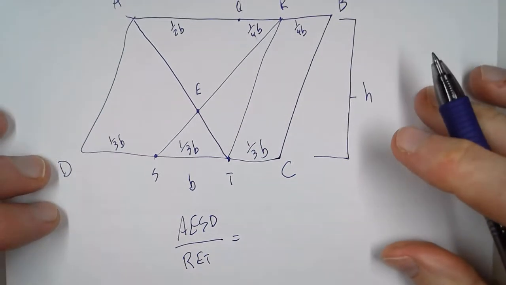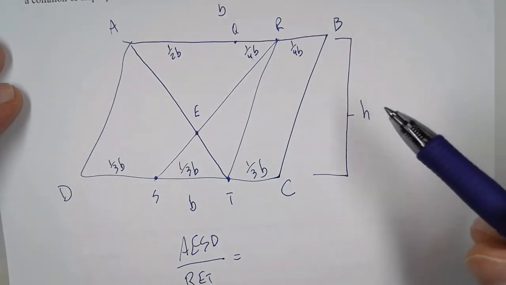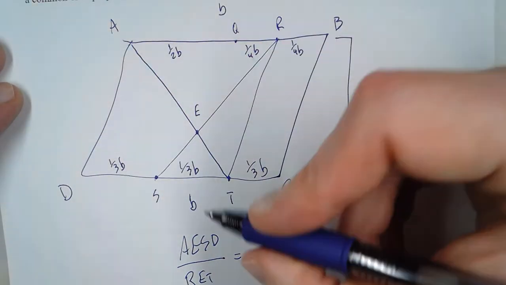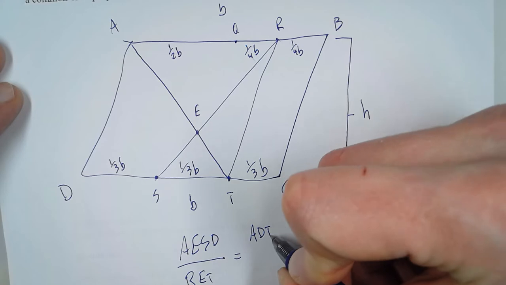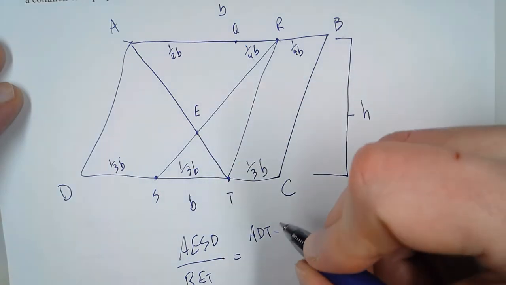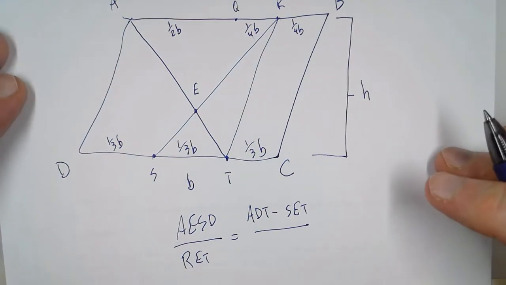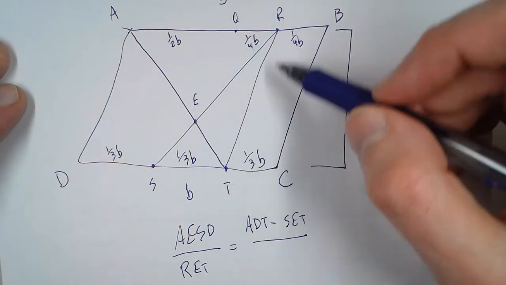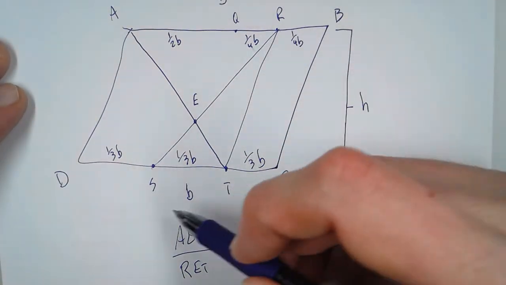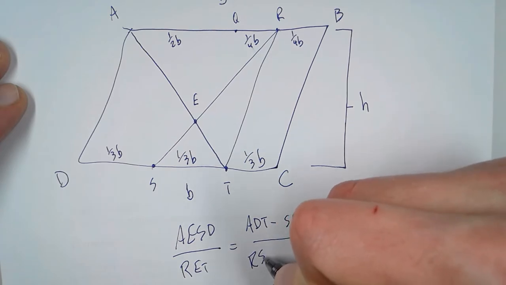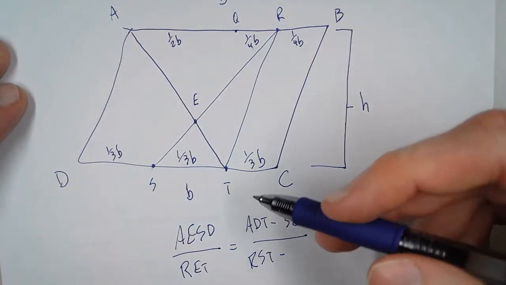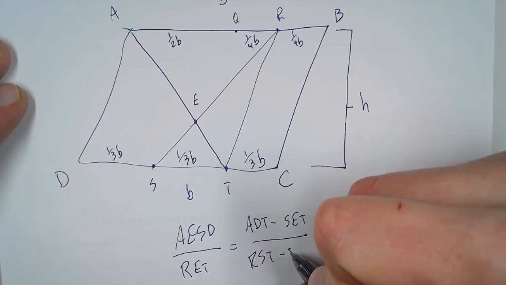Well, what we can do is say, wait a minute, AESD is really just triangle ADT with triangle SET taken out. And the same thing can be said for RET. RET, this triangle, is really RST with triangle SET taken out.